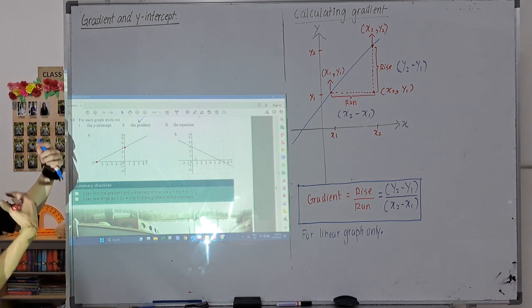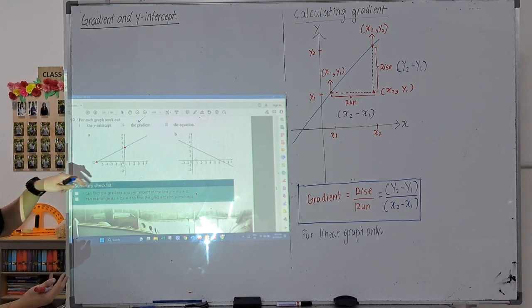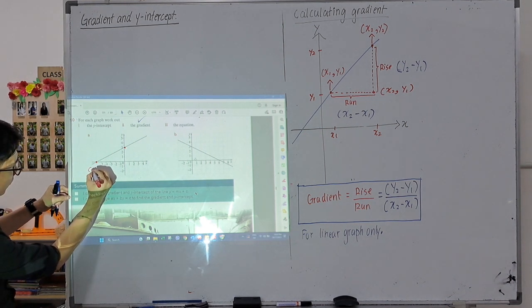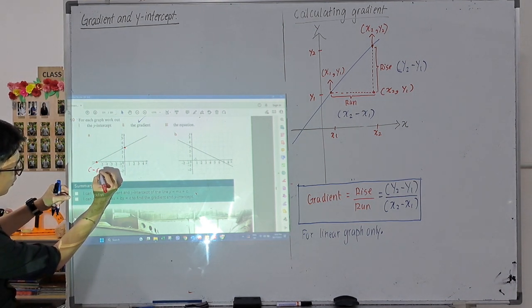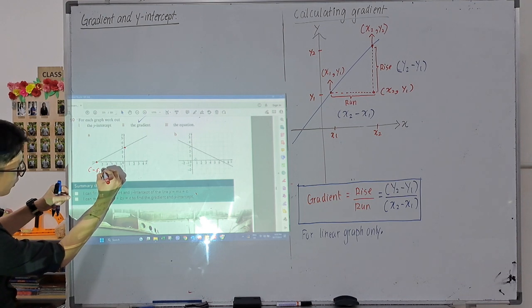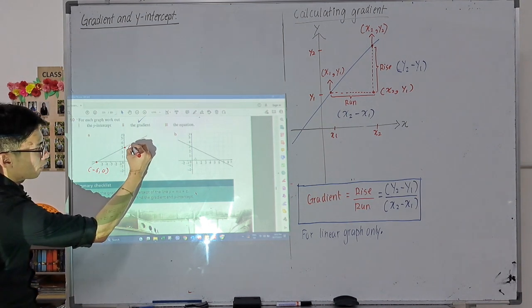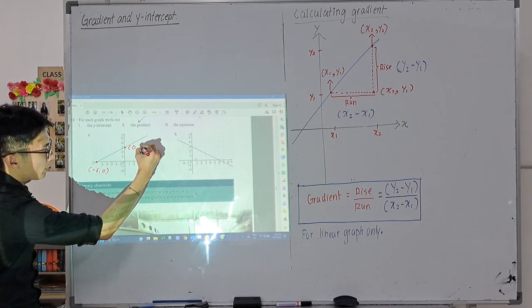Have a habit of writing down the coordinates. In this case, this should be -6, 0, because that's my x-intercept. And for my y-intercept, it's going to be 0, 3.